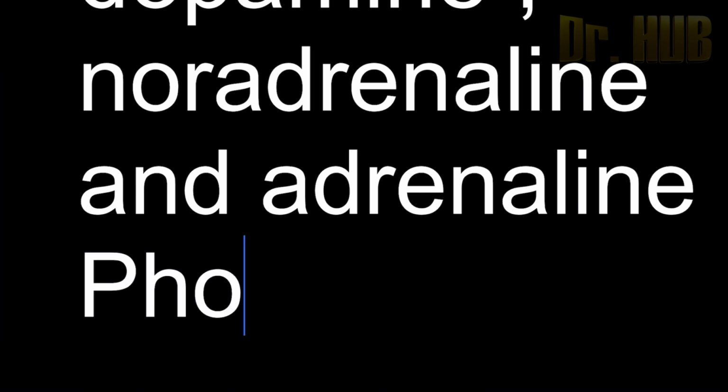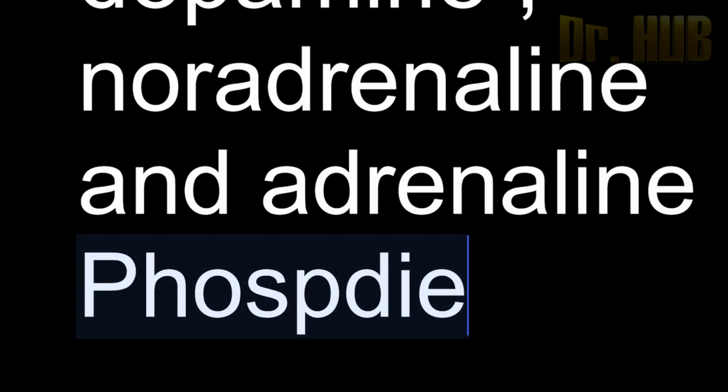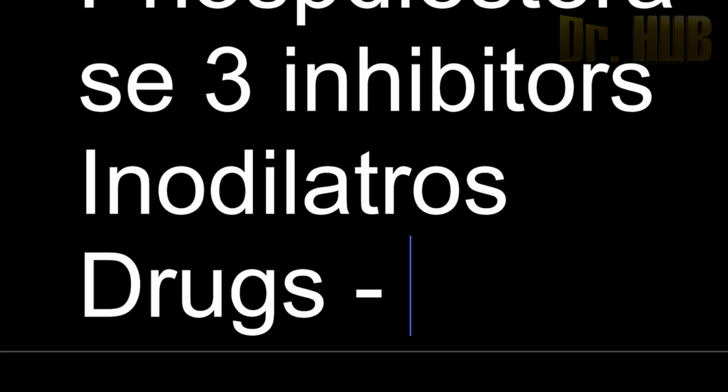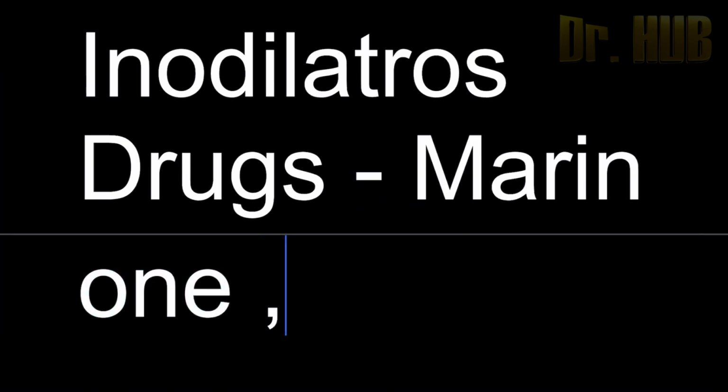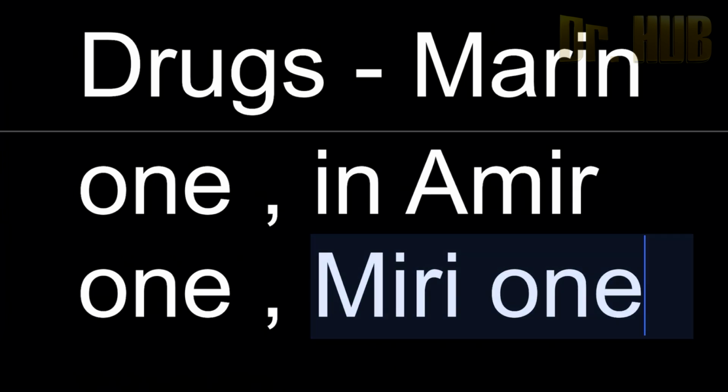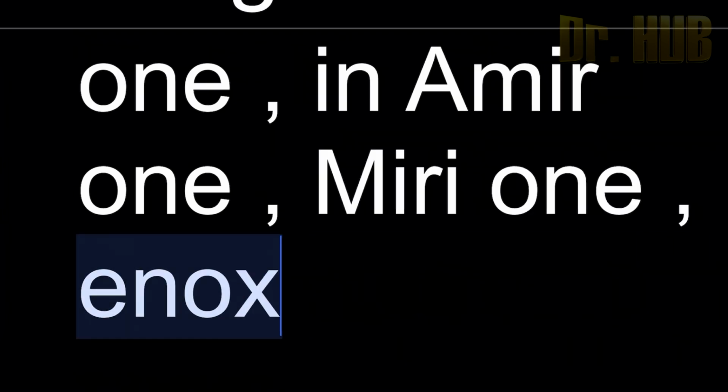Next comes the group of phosphodiesterase 3 inhibitors. They are also known as the inodilators, and the drugs used in this case are amrinone, inamrinone, milrinone, enoximone, as well as vesnarinone.